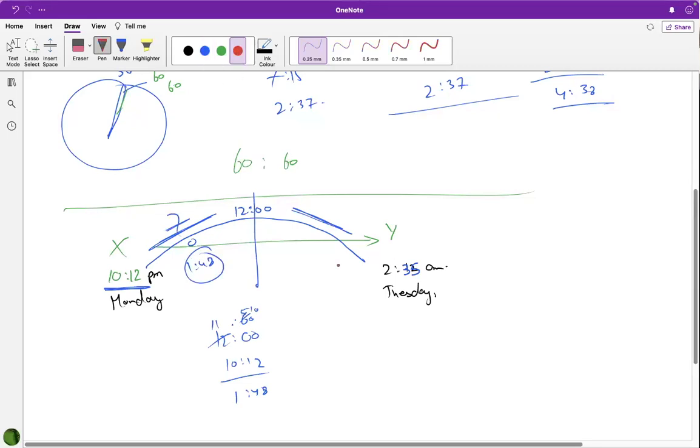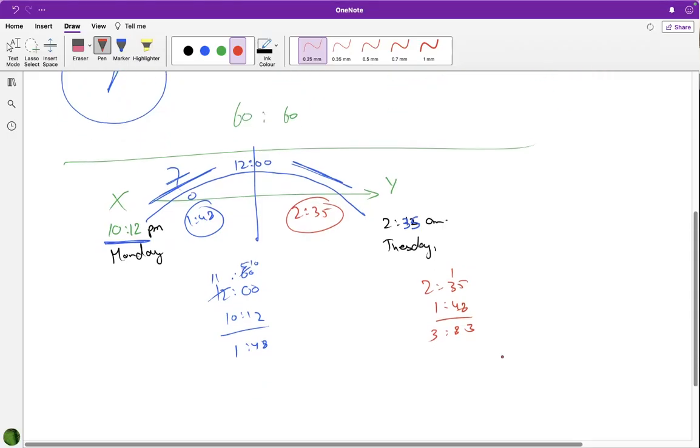And on the other end, this is clearly 2 hours and 35 minutes because we started from 12. We don't have to subtract that. So total time is 2:35 plus 1:48. 8 and 5, 13. 4, 5, 6, 7, 8 and 3. We take that 60 out, and 3 and 2. So 4 hours and 23 minutes.